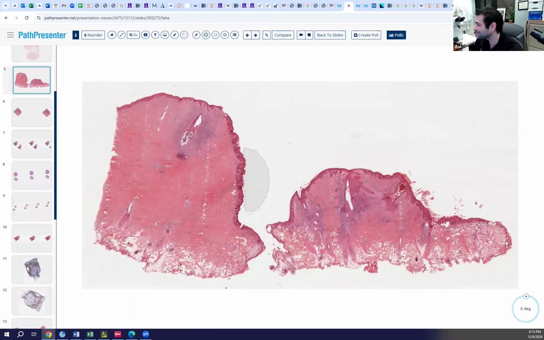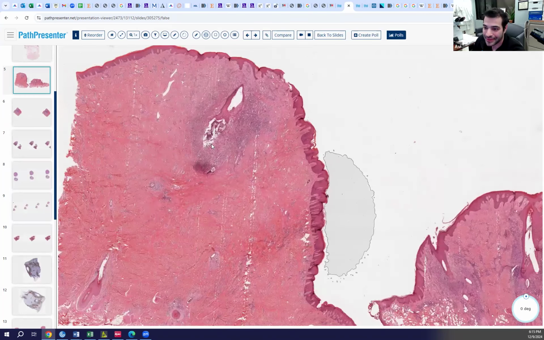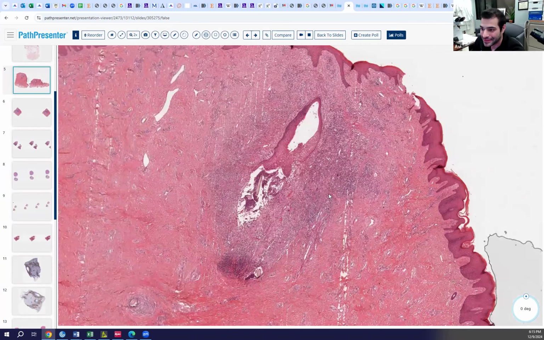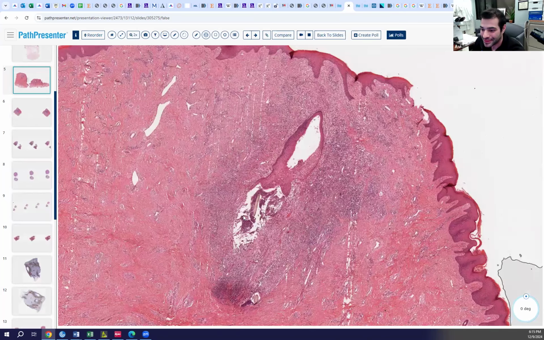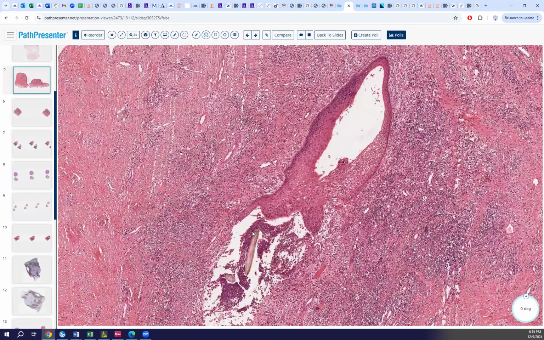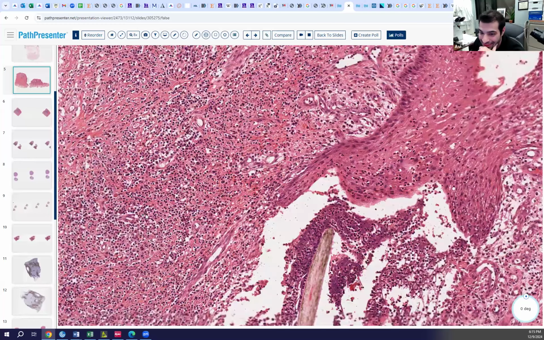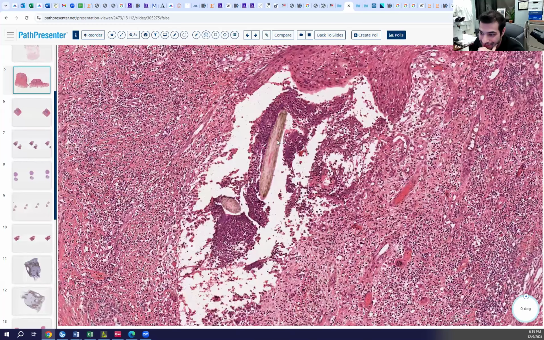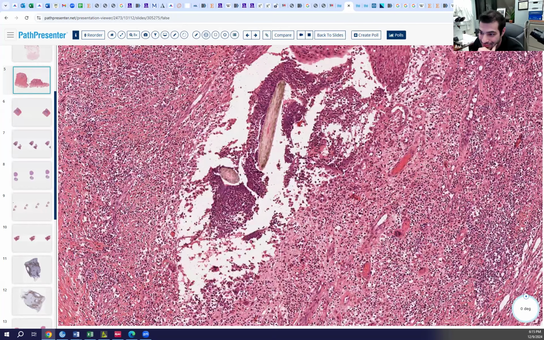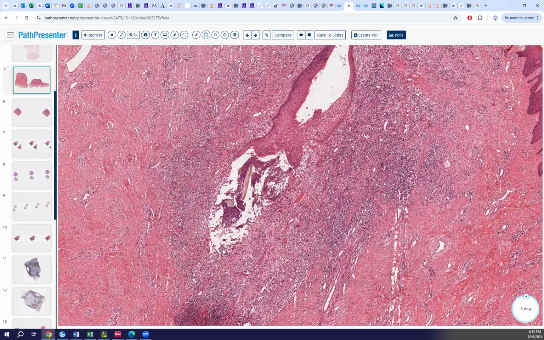All right. What happened here? Lots of inflammation. What else is there? Almost looks like a splinter.